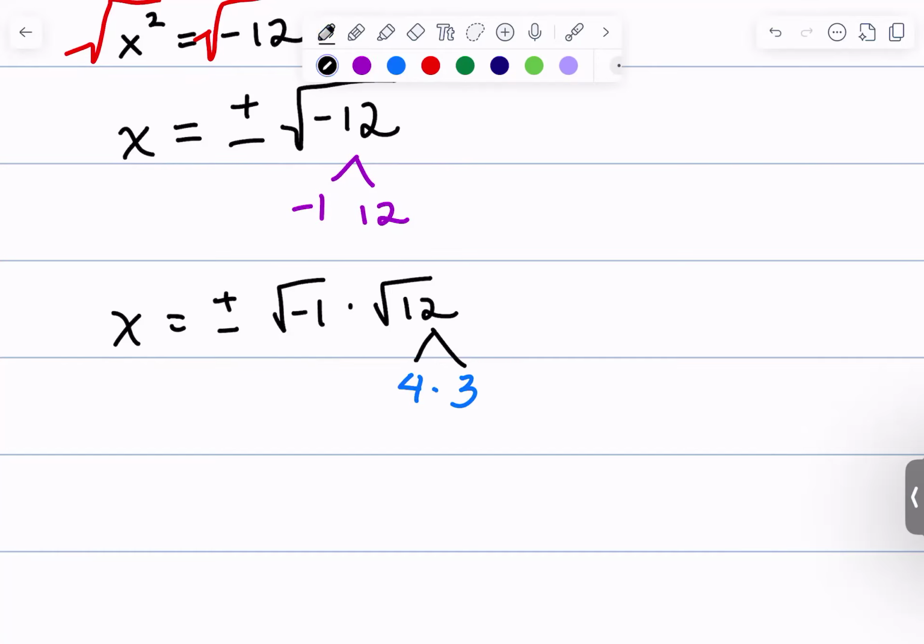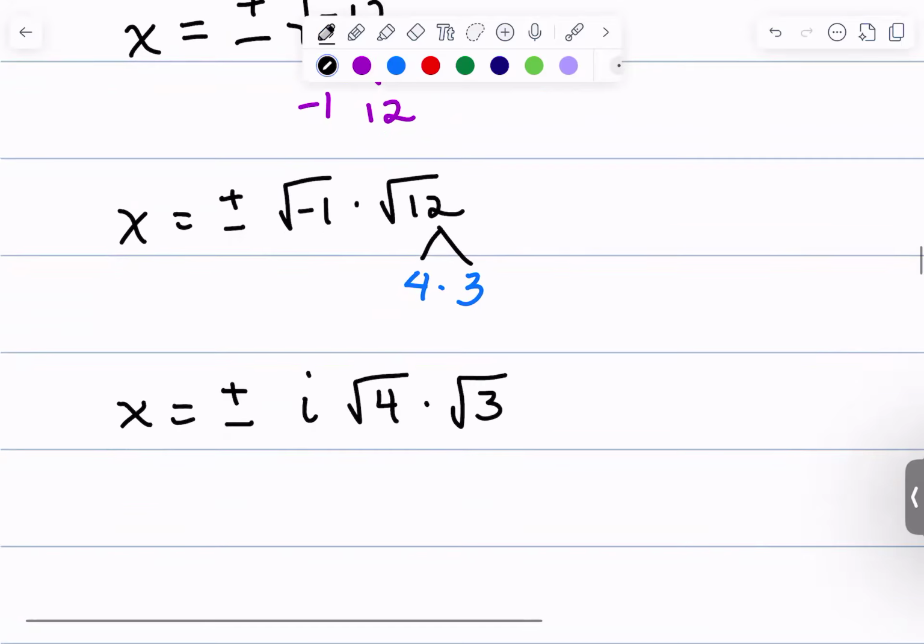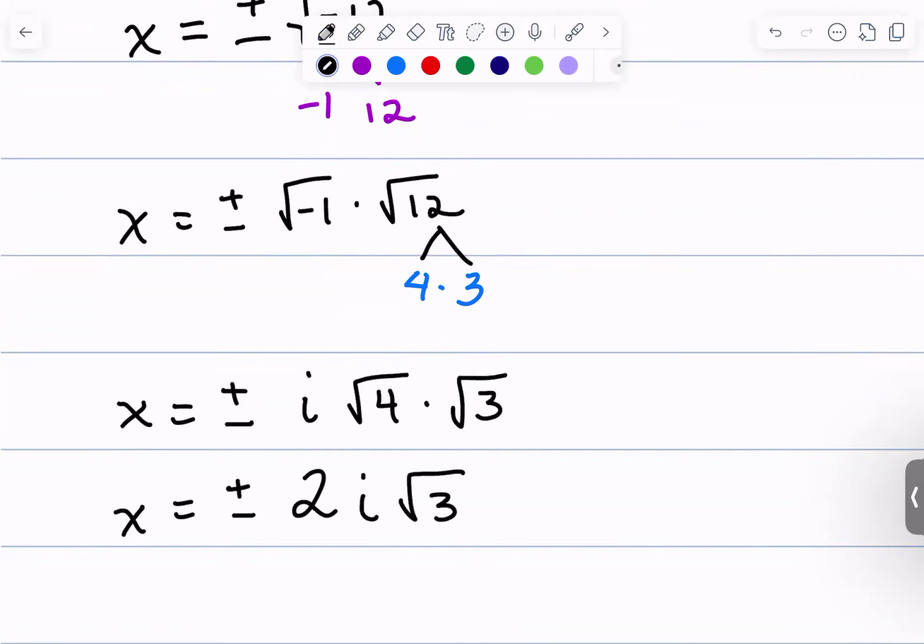So this would be x equals plus or minus square root of negative 1, which is i, square root of 4 times square root of 3, right? So x is going to equal plus or minus i. Square root of 4 is 2. So it's going to be 2i square root of 3. That's my solution.